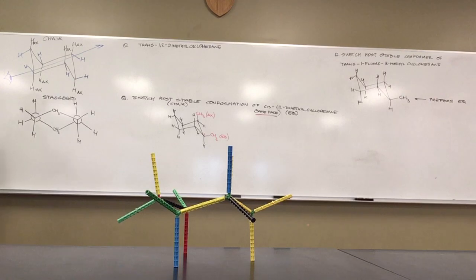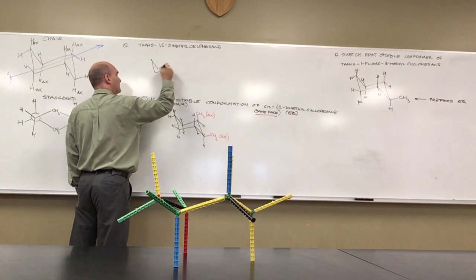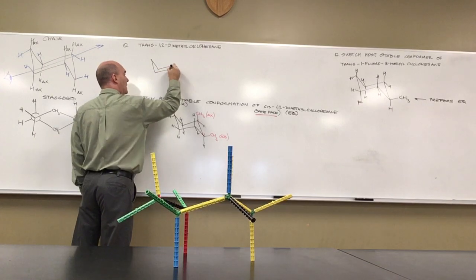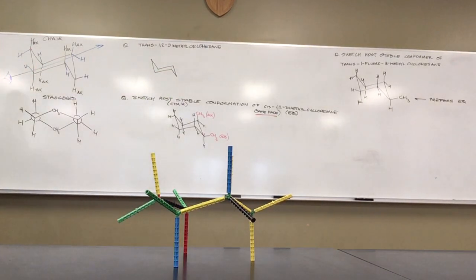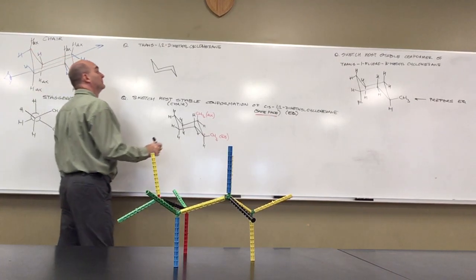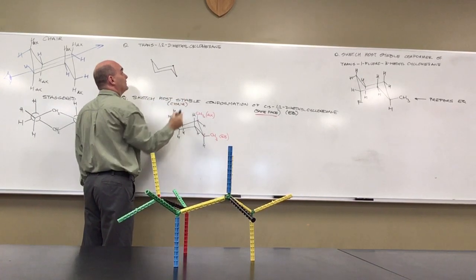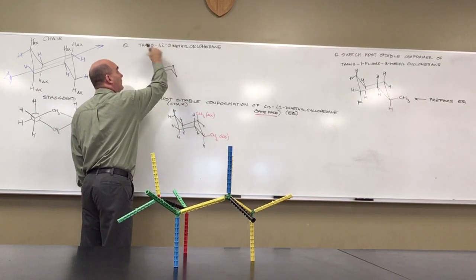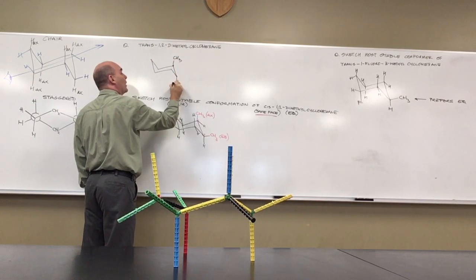Trans, 1,2 dimethyl cyclohexane. Identify which carbons are going to be carbon number 1 and carbon number 2. There you go, I'm going to make that number 1 and that number 2. Let's have the methyls be trans to one another.